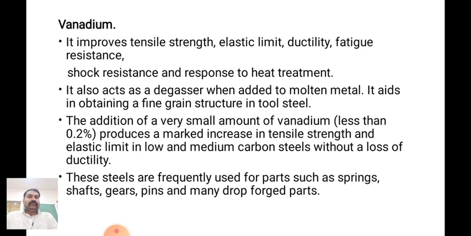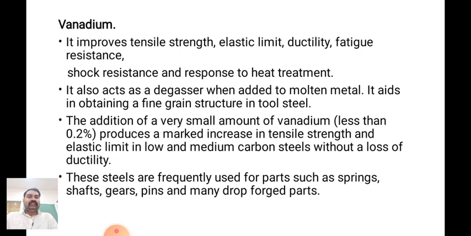Okay, the addition of a very small amount of vanadium, less than 0.2%, produces a marked increase in the tensile strength and elastic limit in low and medium carbon steel without a loss of ductility. So this is nothing but the different properties possessed by vanadium when it is added to steel.